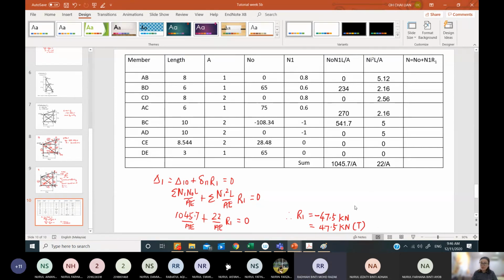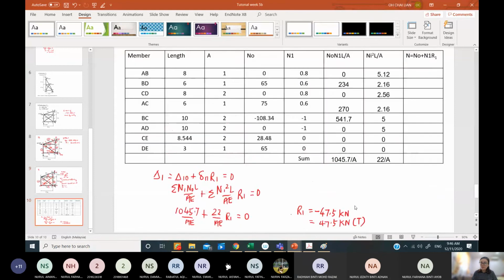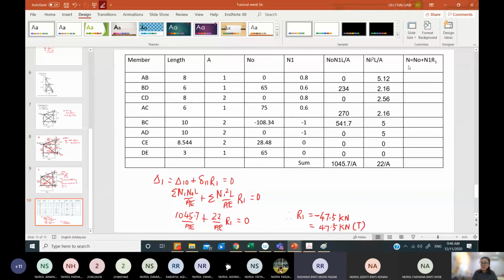So my R now is 47.5. So I can put R1 is 47.5. My R1 is actually my FAD. Thank you.